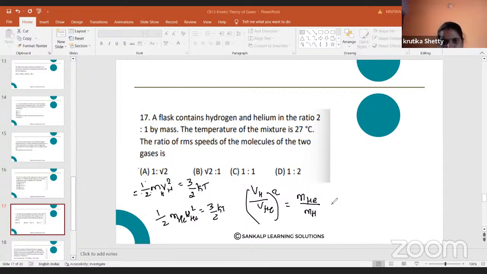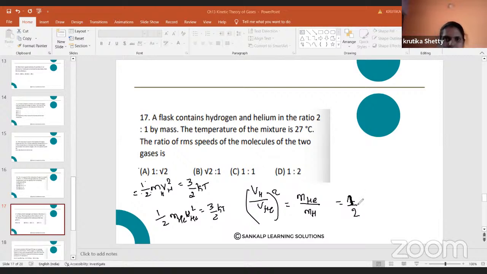So see here what they are saying, they are in the ratio of hydrogen is 2 and helium is 1. Right? Yes. You are getting it as what? 1 by 2. But here square is there.